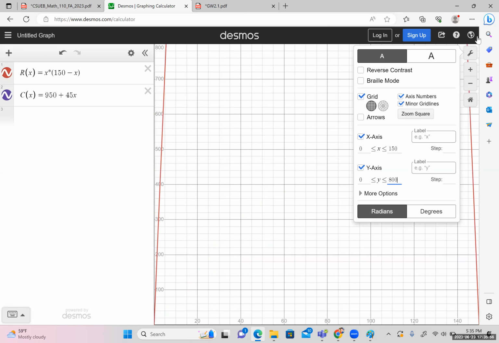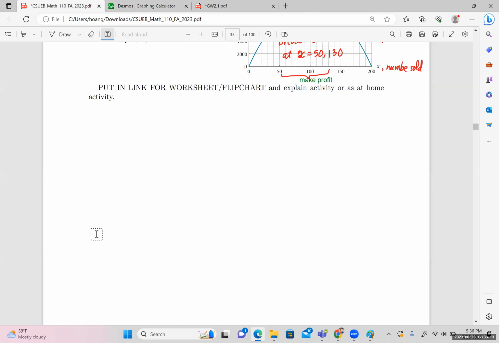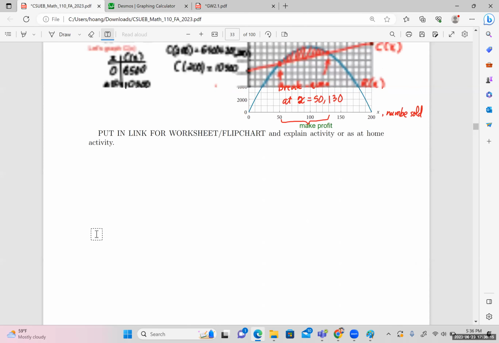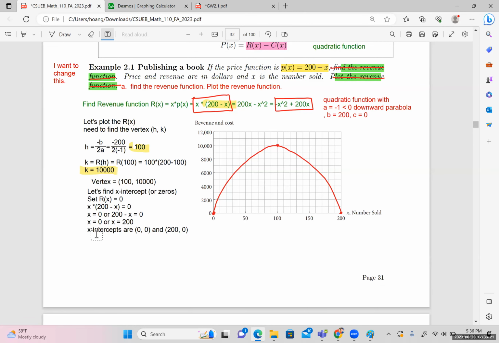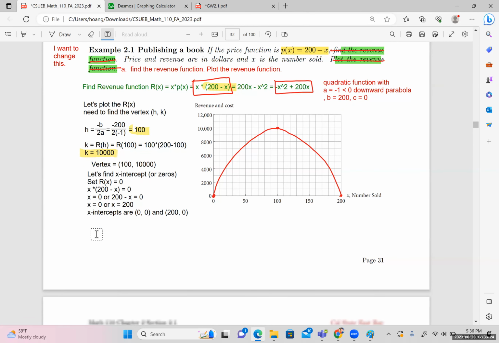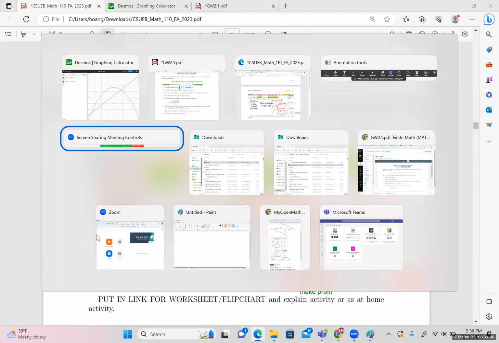Okay, the reason was, as at 150, I saw that the cost was up to 8,000 or something. All right. So this is by decimal. You may have to follow the way I did over here in 2.1 to graph the revenue function, to graph the cost function and put it together. So the way was there.